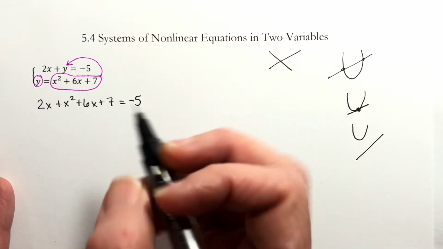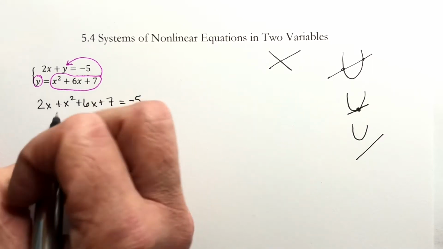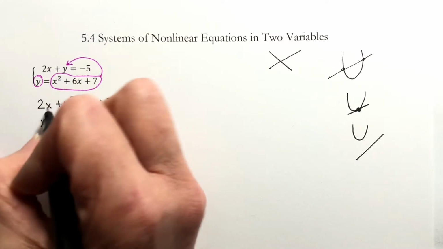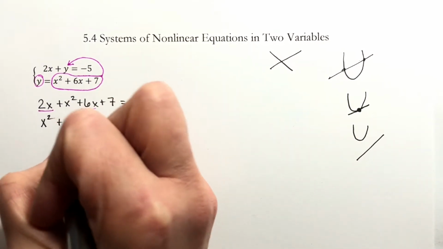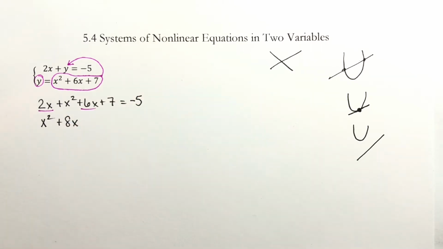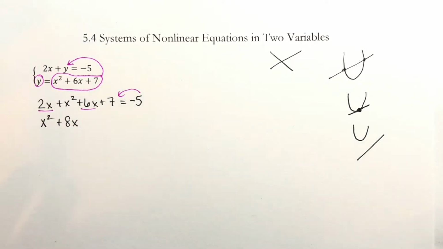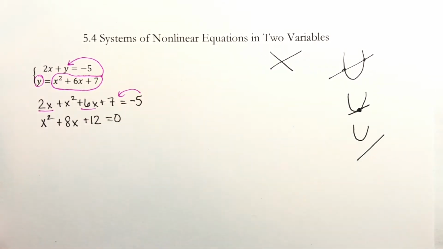And so I'm going to simplify this, and to solve a quadratic, we generally need a 0. So I'll have x squared, and I'm going to combine these two to get plus 8x. And then I'm going to add 5 to both sides so that I get plus 12 is equal to 0. Okay.